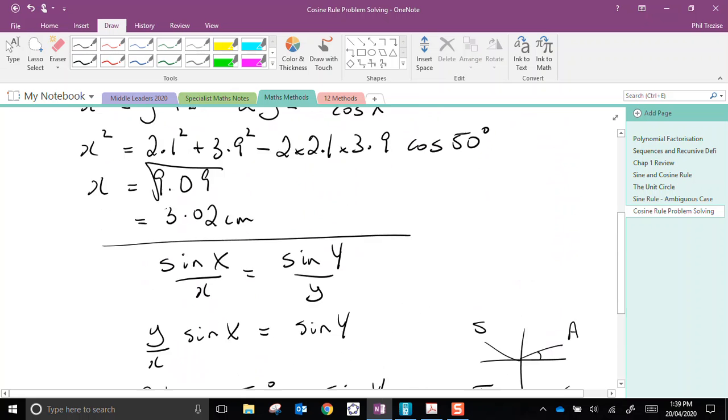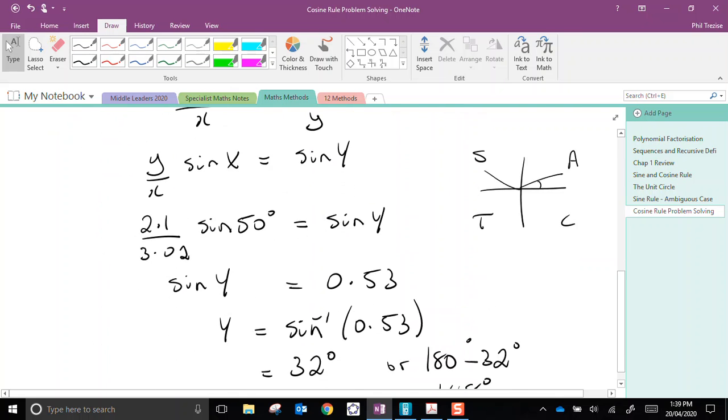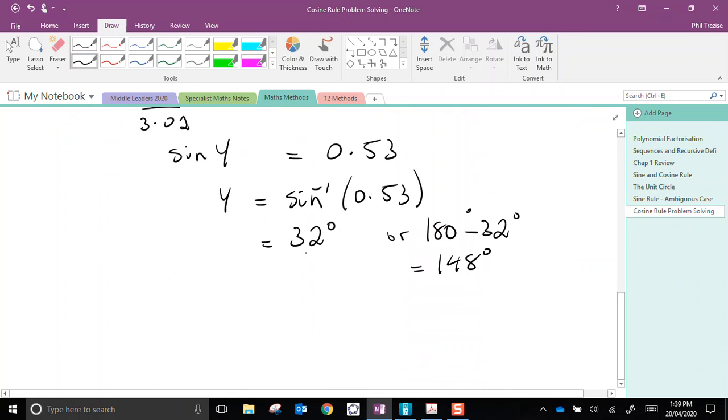Well, let's just double check that. The existing angle in the triangle is 50 degrees. We all know that the sum of the three angles must be 180. So a 50 and a 32 is fine, but a 50 plus 148 is already exceeding 180, that could not exist. There's only one answer for this one. This is a sine rule where there wasn't an ambiguous case, but we should always consider the possibility.